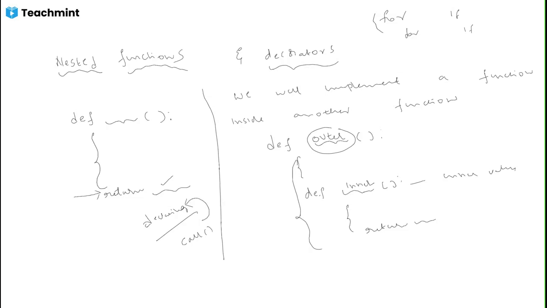If I declare 100 lines of code and I'm not calling this function, then the interpreter won't execute it. Say for example, I will show you with an example so that you guys are able to understand. Let me save this.